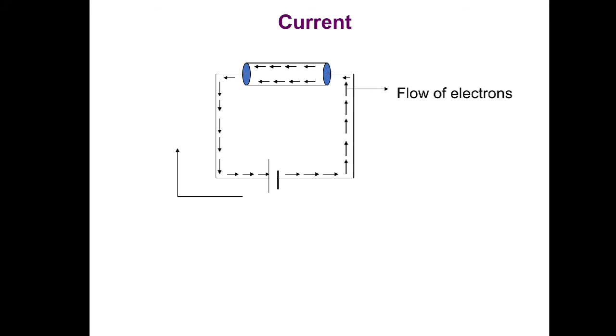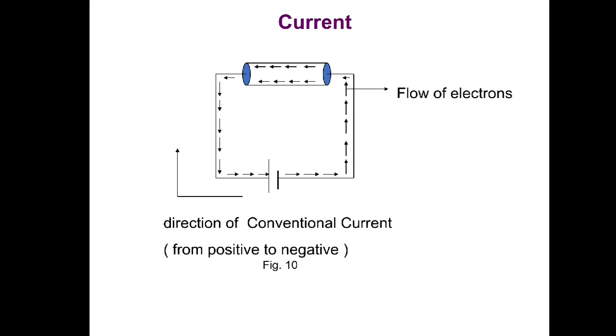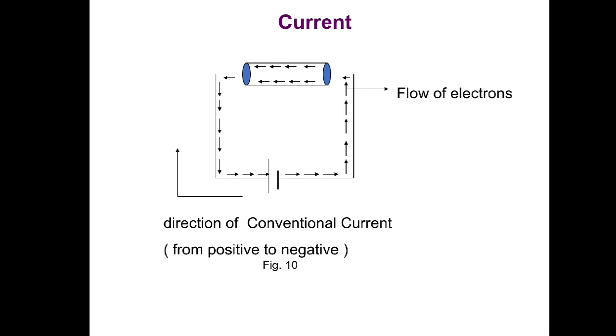See the direction of the conventional current. The direction of conventional current is from positive to negative, whereas the direction of flow of electrons is from negative to positive.